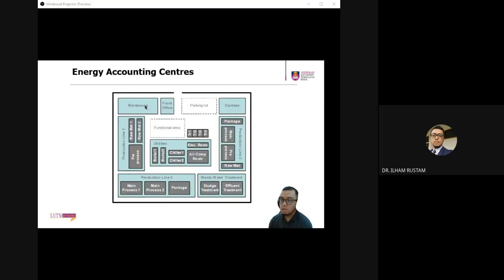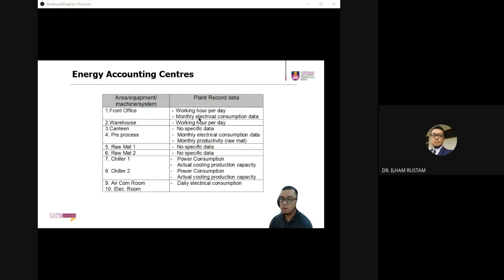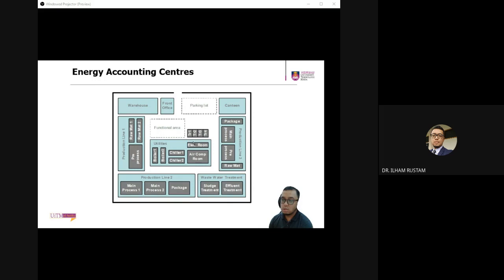You need to get the energy consumption versus the warehouse working hours. And the others you can read. But for raw material, where's the raw material? Raw material, basically you wouldn't measure the raw material weighing in, but you need it as input for the production line EAC.